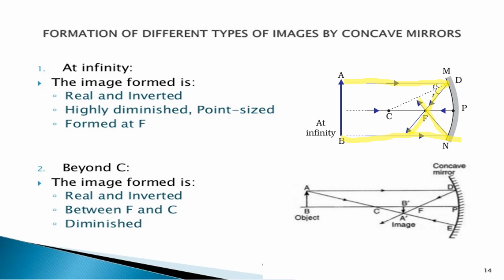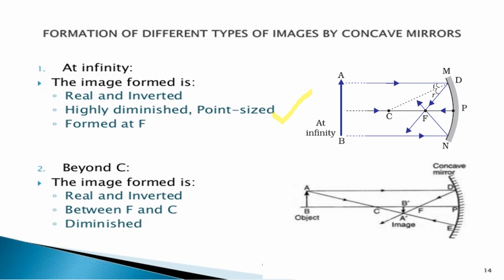So the object, whenever it is taken at infinity, we are going to get the image at focal point. Image will be at focal point. So the place of the image formed here in this case is at focal point. And the size, if you see, what is the size? Yes, it is highly diminished, or we can say point sized. And the image is formed by actual intersection.